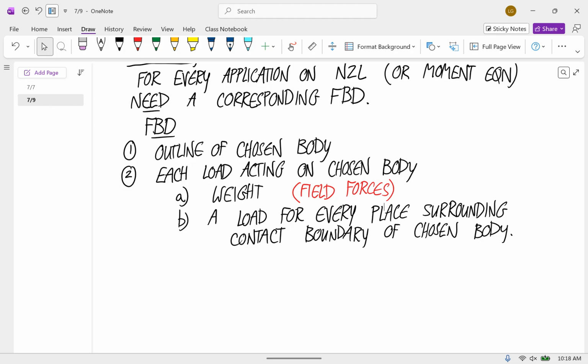And at every one of those places, I'm going to have to figure out what the type of load is that contact applies to the body. And once you've done that for every point where there's contact, you know you're done. Your job is done. So things will look complicated, but stay focused on the simple task.